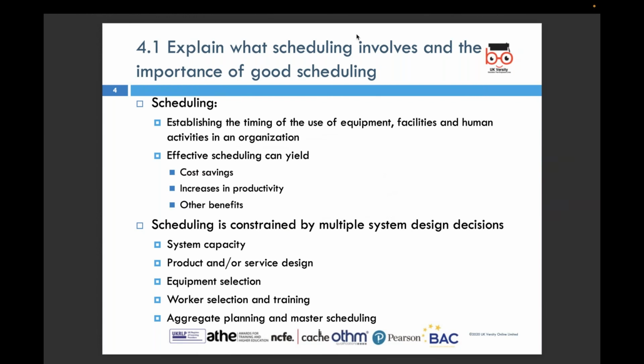It involves coordinating and arranging the utilization of equipment, facilities, and human resources in a manner that optimizes efficiency and minimizes conflicts or bottlenecks. By carefully planning and organizing the timing of these resources, organizations can ensure smoother operations and achieve their desired objectives.